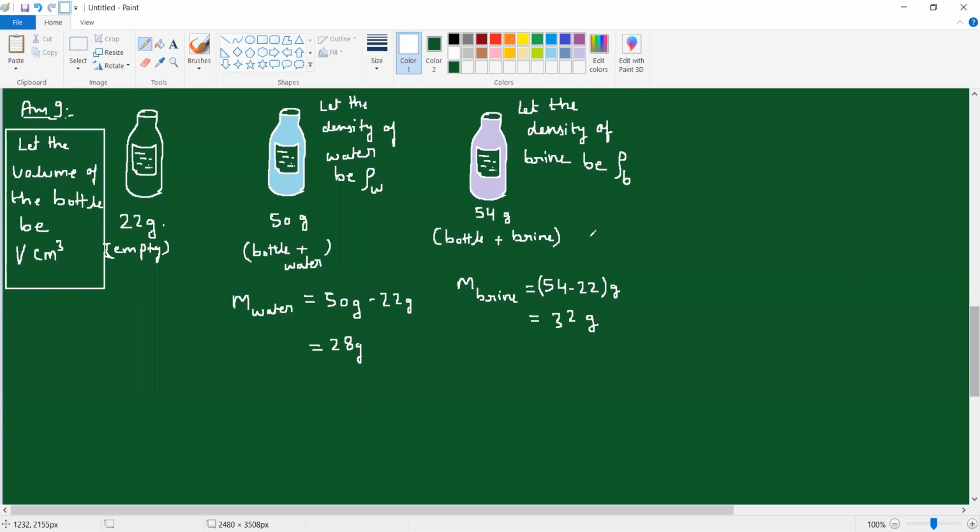For comparison, we have to take one thing which all three cases share with each other. That one thing is volume. The volume of all the three cases is equal, especially the volume of water and brine.